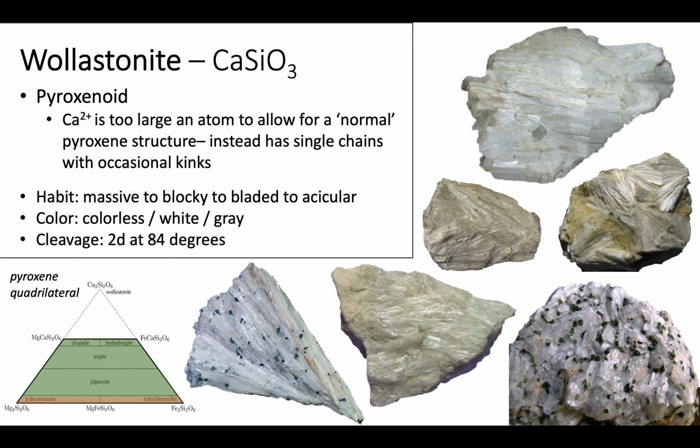So if you were trying to distinguish between these two minerals, you might look at what other minerals exist in the rock. If you're seeing a lot of tremolite and diopside in your rock, then you're probably looking at wollastonite because you're metamorphosing a calcium-rich rock. If instead you see staurolite and garnet, you're probably looking at sillimanite because you're looking at an aluminum-rich metamorphic rock.